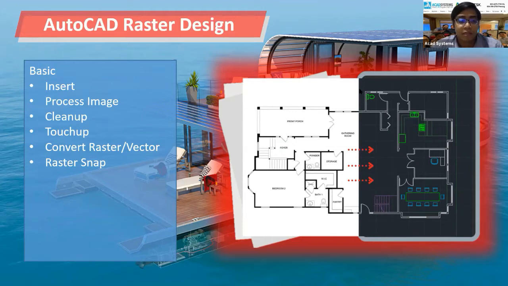Once we have that, if you're working with a scanned image, most likely you're going to have to clean up your image because there is some debris. So you can go through some of the cleanup tools. Then we have some touch-ups, whether you want to edit it, almost the same as Microsoft Paint.